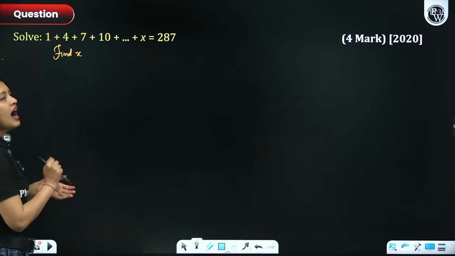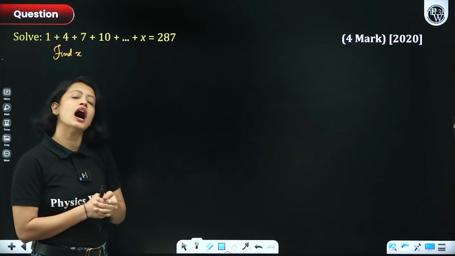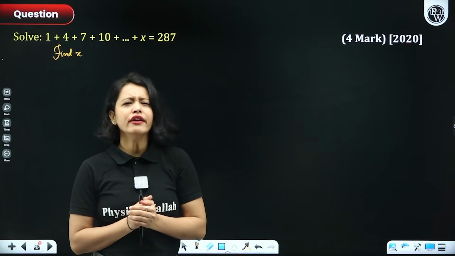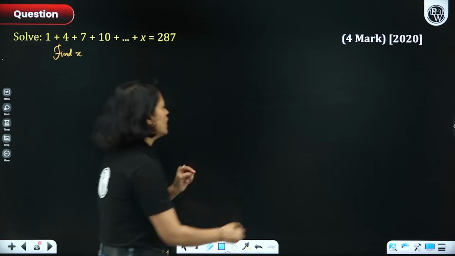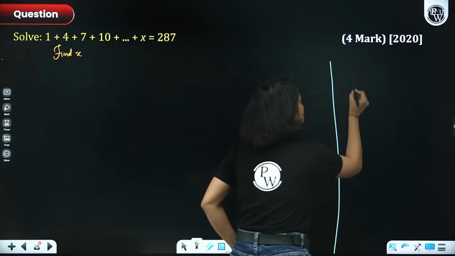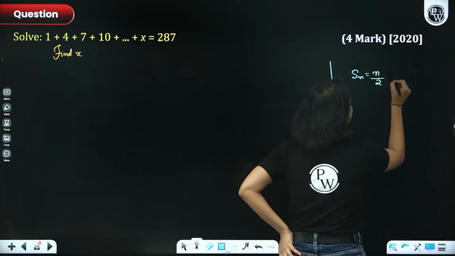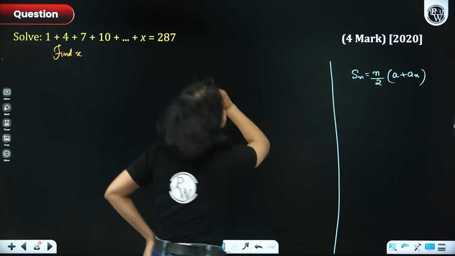So, first of all, how can I find x? Think about it. I can find x if there are 2 things. First of all, I know this formula that Sn is equal to n by 2 times (a plus nth term), right? And I know that x is my nth term.